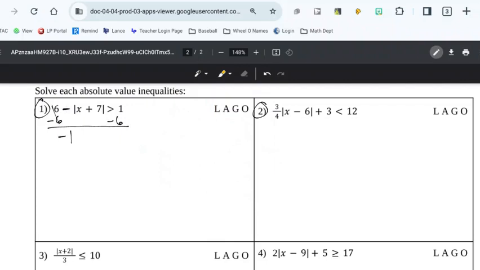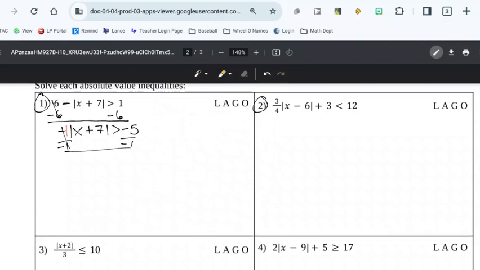We're left with negative 1 times the absolute value of x plus 7 is greater than 1 minus 6, which is negative 5. It's still not isolated, right? We have this negative 1 that we have to get rid of. So we divide by negative 1 on both sides. When we do that, it cancels out. We're left with the absolute value of x plus 7.